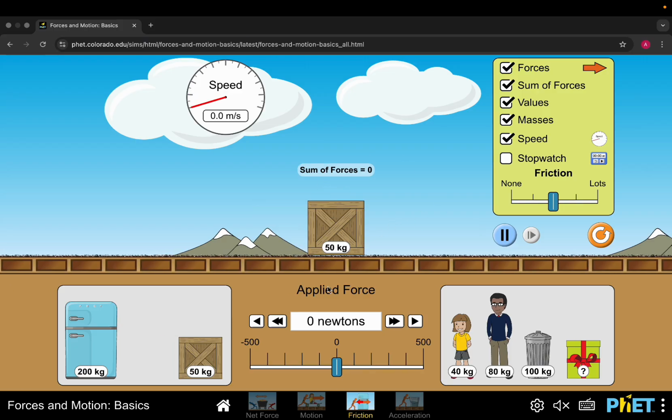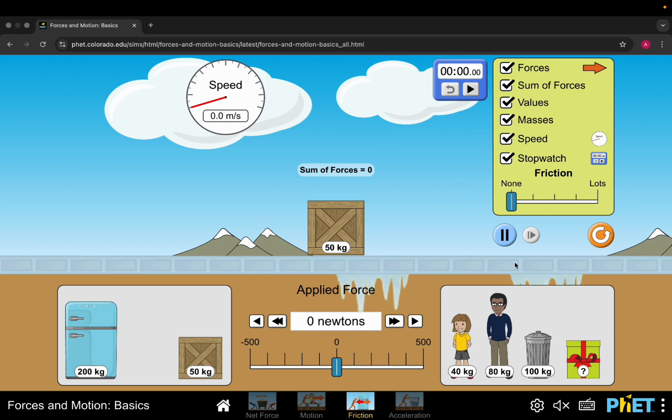So yeah, it will actually cause a deceleration and it will stop completely. Now let's try it with the stopwatch. So now we're going to apply 500 newtons.